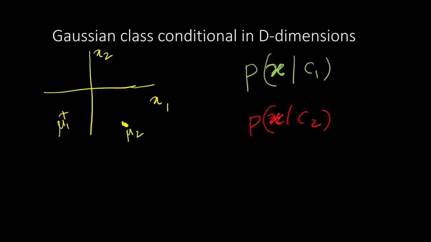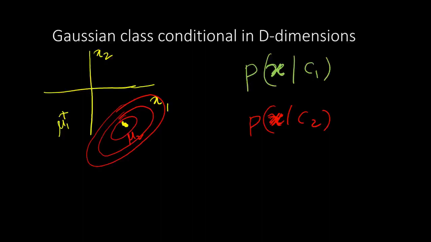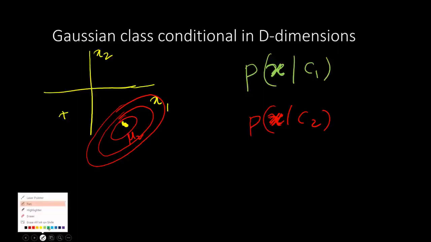All right, so now let's look at P of x given C2, and let's assume that these are dogs that we talked about and C1 is cats. So this is mu2. Let's assume that this is a Gaussian distribution, and its equal probability contours look like this. On the other hand, if we look at mu1, let's change the color a bit.